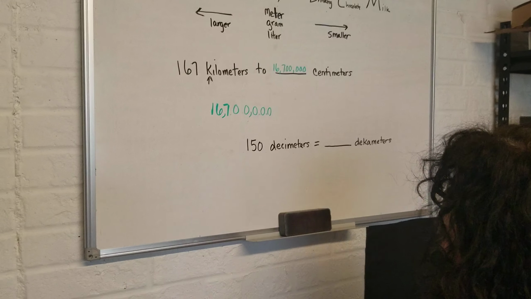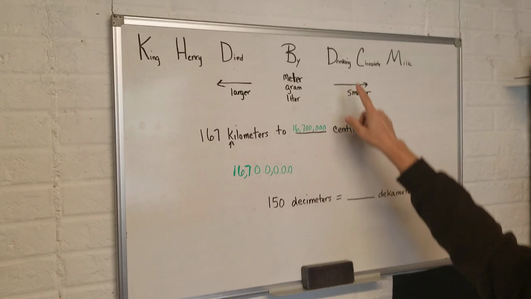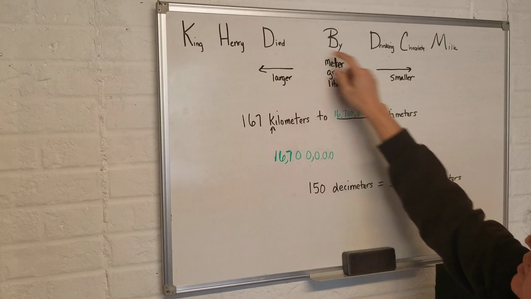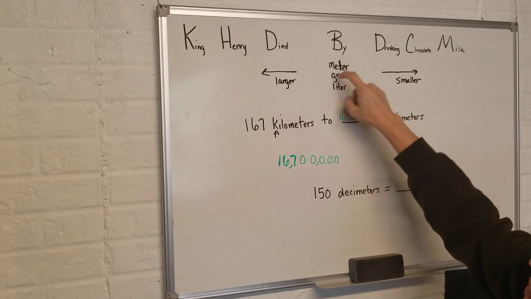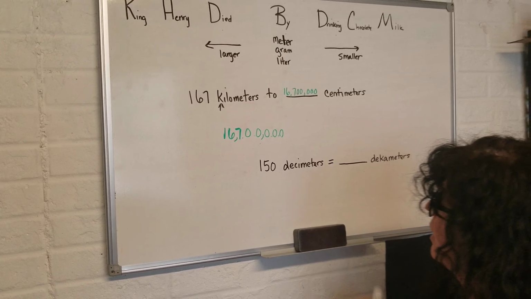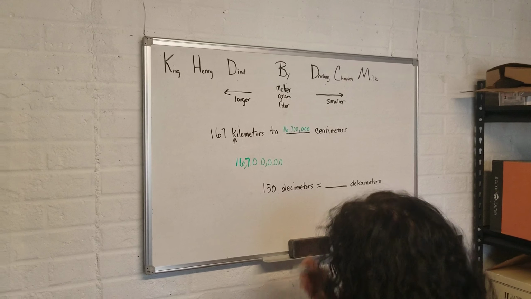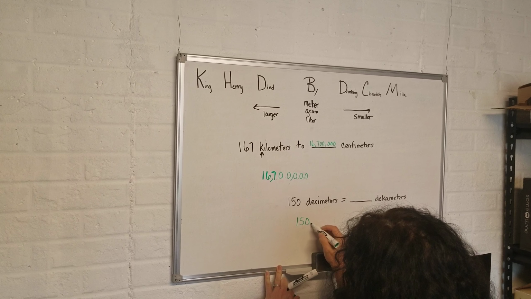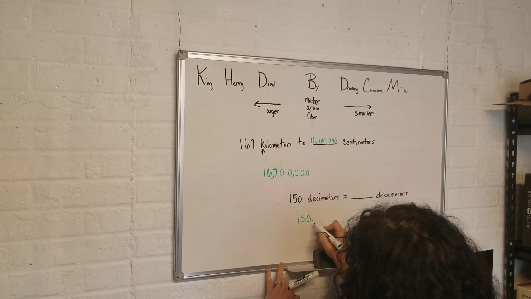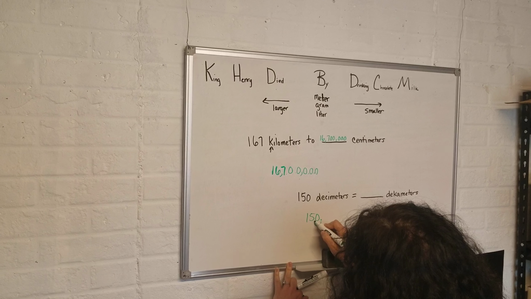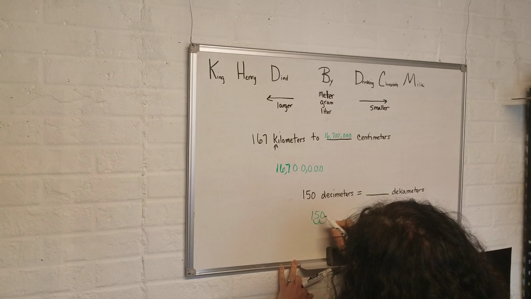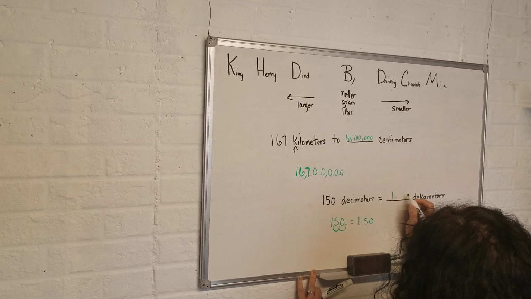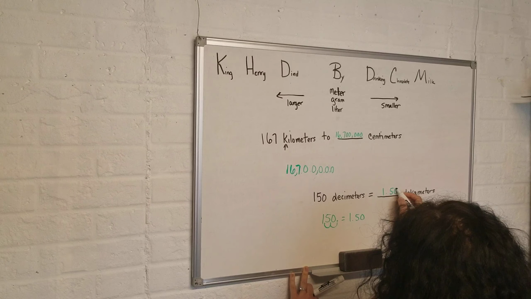Okay, so in this instance, I'm starting at decimeters, and I'm going to decameters, so I'm going 1, 2. That's it, okay? So, write down my 150, and remember my decimal point is right there, and I am going to move it 1, 2. Okay, so that equals 1.50.